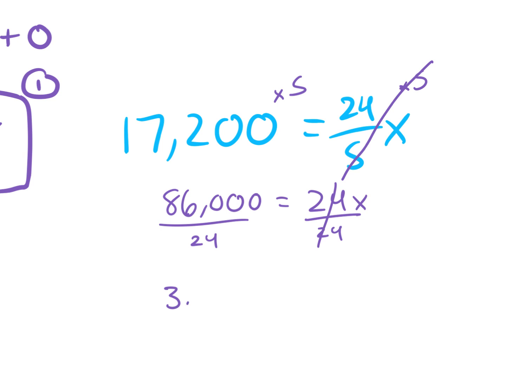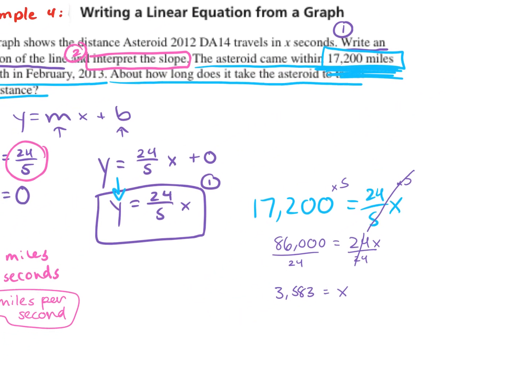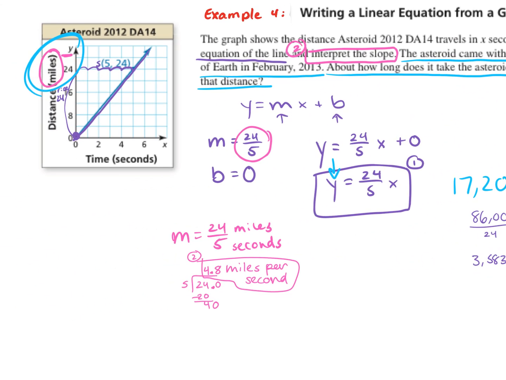So we get about 3,583 is equal to x, which is the time it takes the asteroid to travel that distance. So we're talking about 3,583 what? No, not miles. Seconds. Because we're talking about x, which x is seconds.